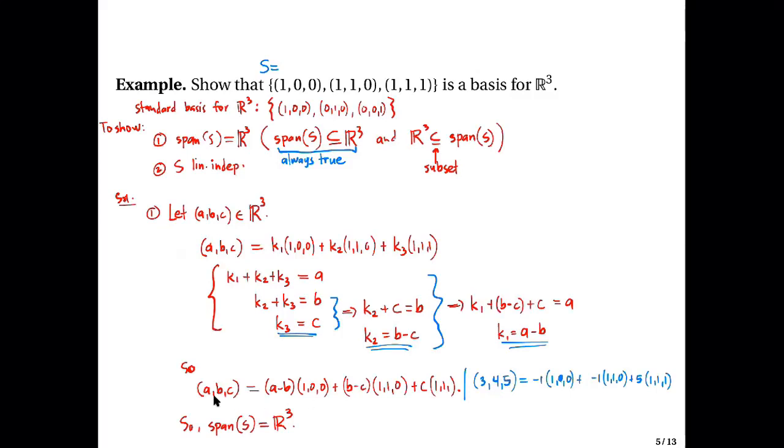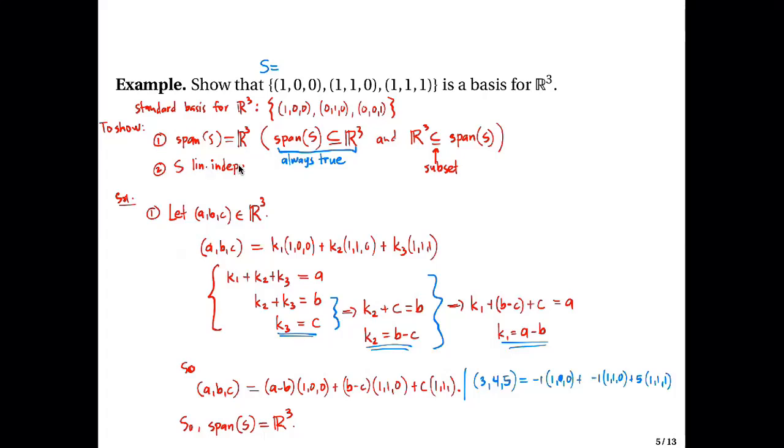That's what it means to have this linear combination. So whatever vector you use in this formula, you will get the actual values for the K's. Now that's for the first part, span S equals R3.